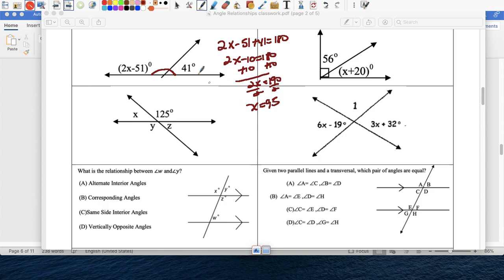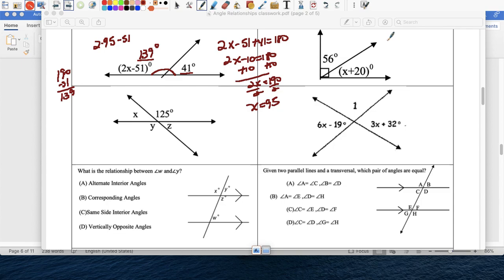So if I multiply 2 times 95, which is 190, and then subtract 51, 190 minus 51 is 139. So that makes this angle 139, and I know I'm correct because when I add 139 and 141, that gives me 180.